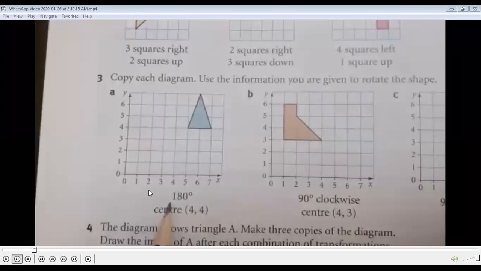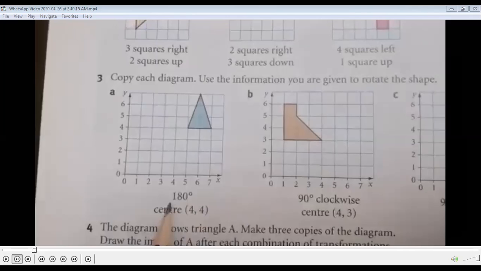Now, in rotation there are 3 important things you should be given, if you remember from grade 6. You have to be given the degrees, how many degrees you need to rotate your shape, the center of your rotation, and the direction. In some cases clockwise, in some counterclockwise. Of course, the best way for doing the rotation is the tracing paper.